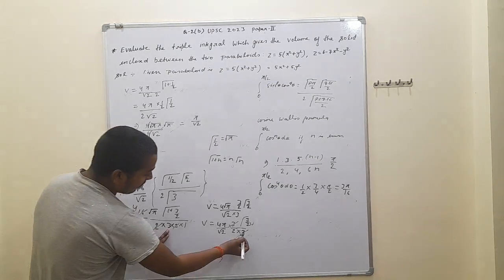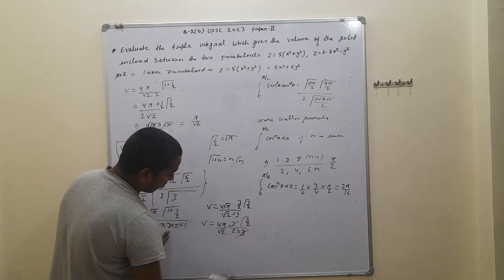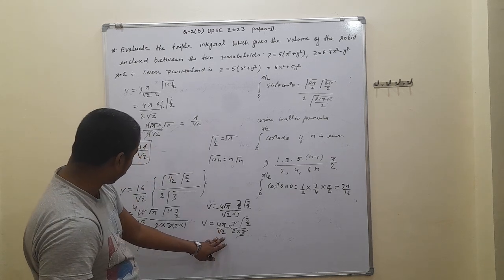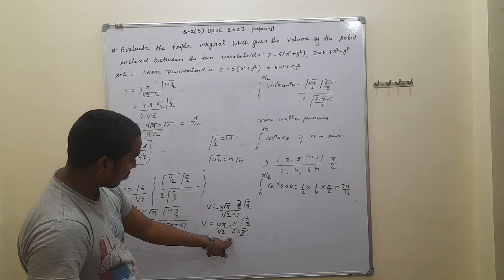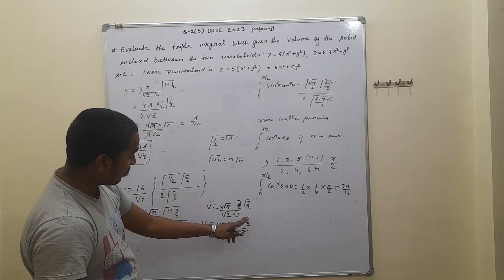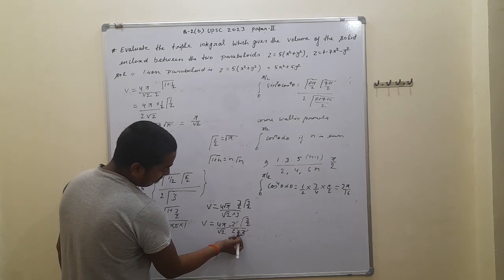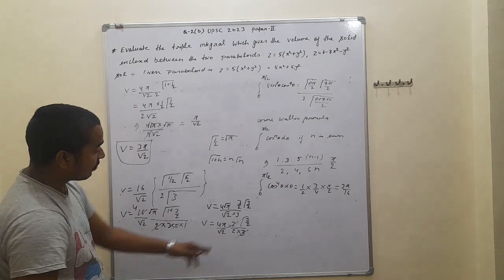Further we solve 4 pi upon root 2 and 3 by 2 into gamma 3 by 2; the 3 and 3 cancel out.